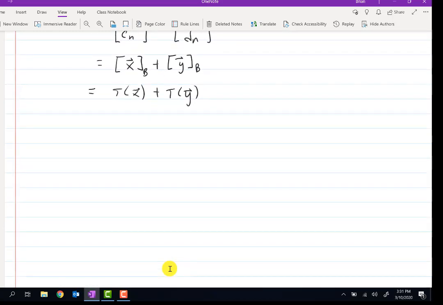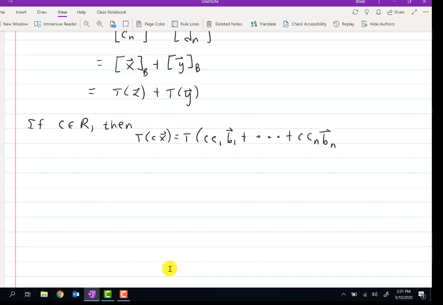Now then, if c is in R, then T of cx equals, I'll multiply the c to each of the components, c c1 b1 plus up to c cn bn.